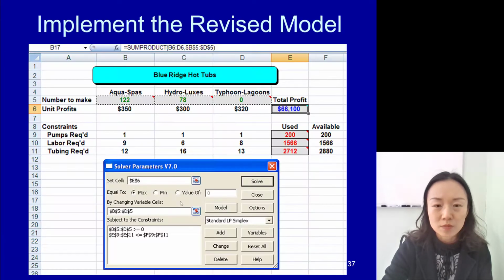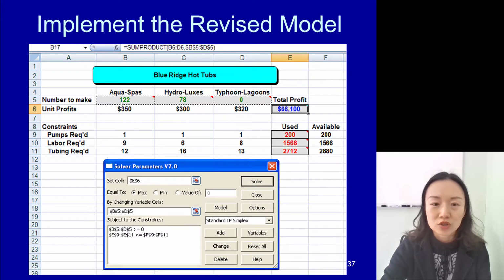Then we would implement it and solve. When you solve it, you will find the optimal solution suggests no Typhoon Lagoon to be produced, as we predicted, because we're going to lose money by producing it. So we'd better just stay with the original solution.